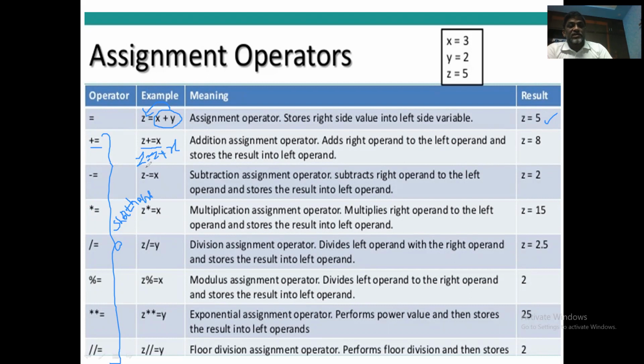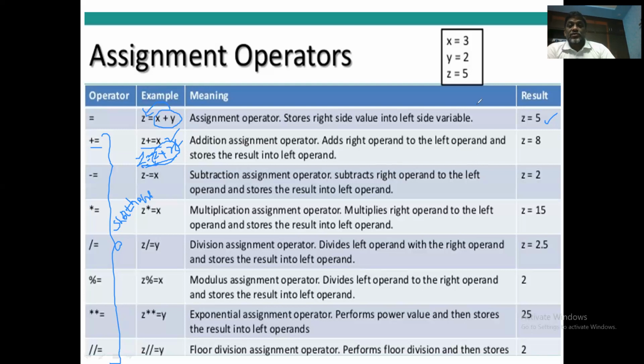So writing this or this is going to be the same. Both will result in the same answer. So the meaning is add z and x and then store the result into z again.